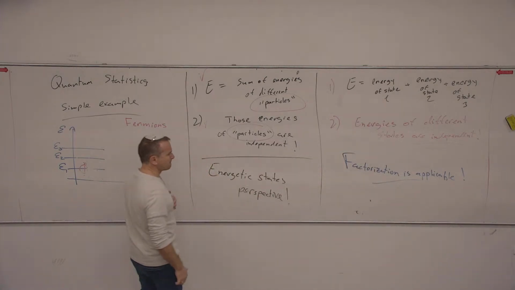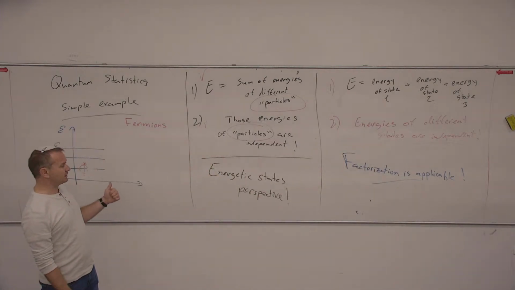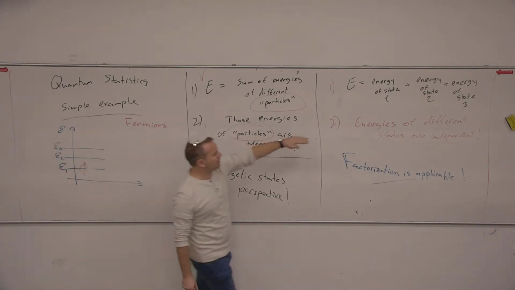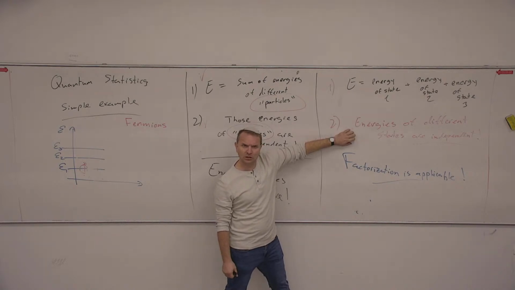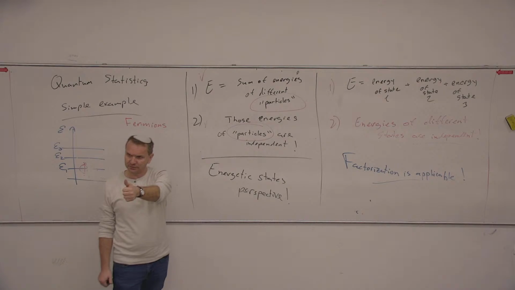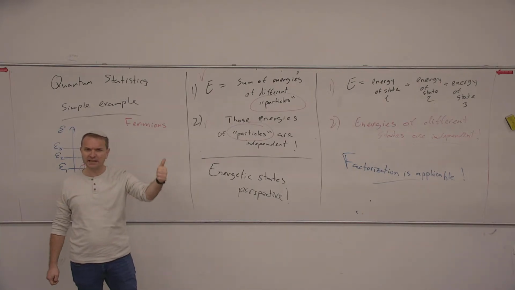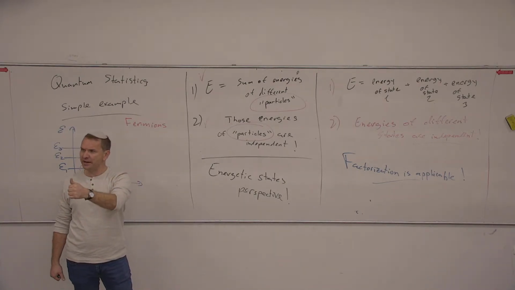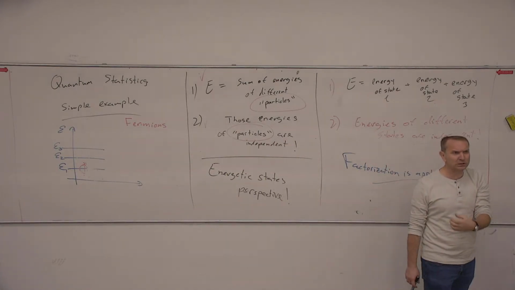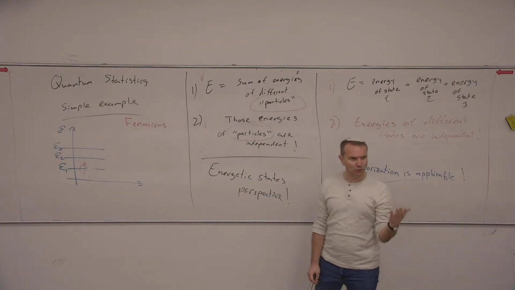Now, what we're going to do next is, if the factorization is applicable and I'm looking at the energies of different states, okay, I can apply the perspective to each single state as if it is an independent system. I don't care if it's macroscopical, microscopical, I don't care, right? So this is the mathematics.